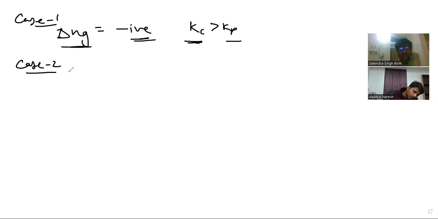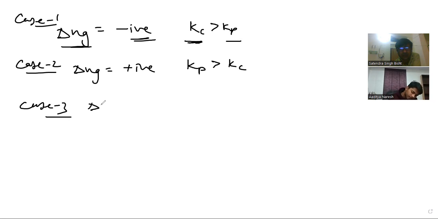Case number second: if del Ng value is positive, then Kp is greater than Kc. And case number 3: if the value of del Ng is 0, then Kp equal to Kc.